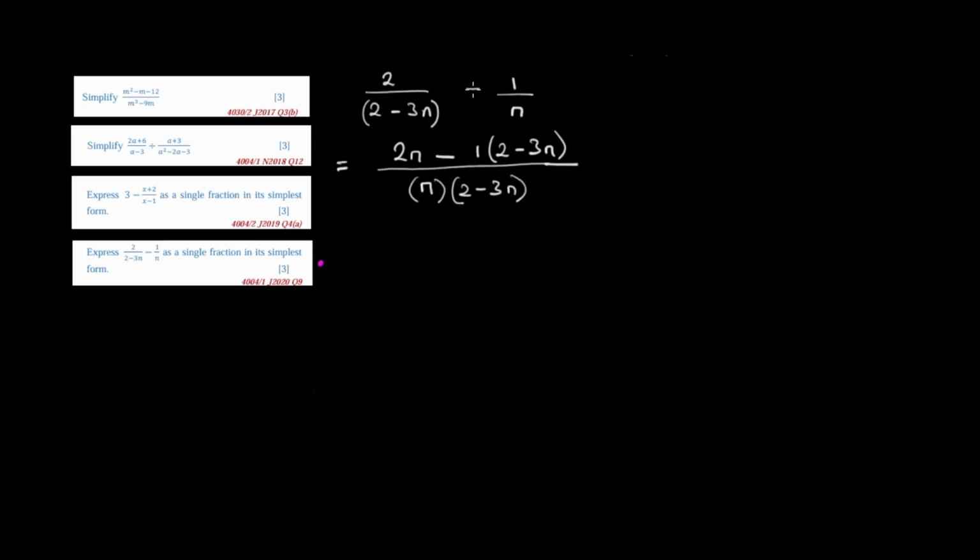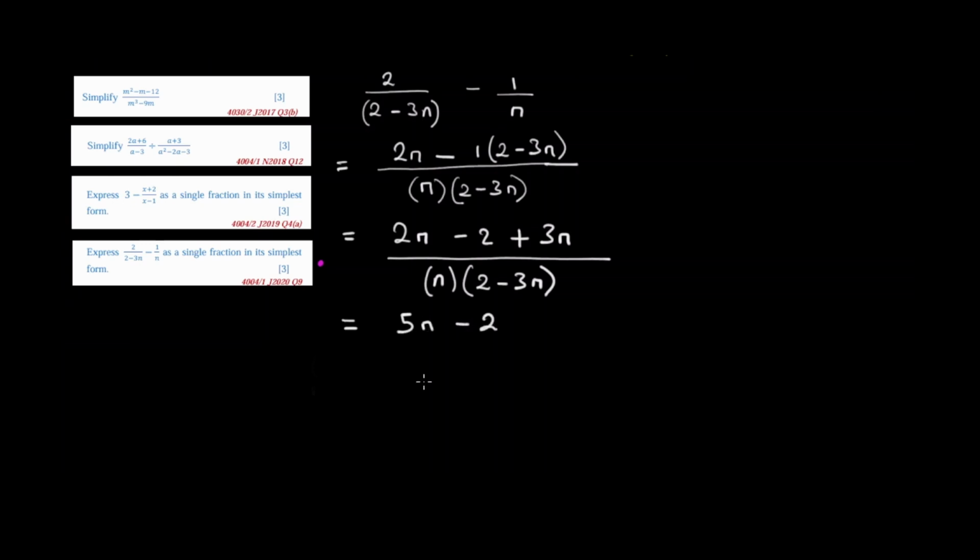So minus, remember to put brackets. So this is equal to 2n, minus 1 times 2 is minus 2, minus 1 times minus 3n is plus 3n, over n(2 minus 3n), like that. So 2n plus 3n is 5n. So it's (5n minus 2) over n(2 minus 3n).